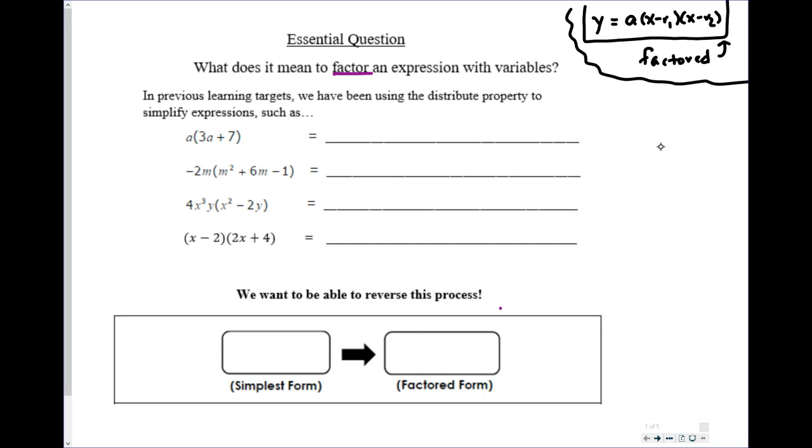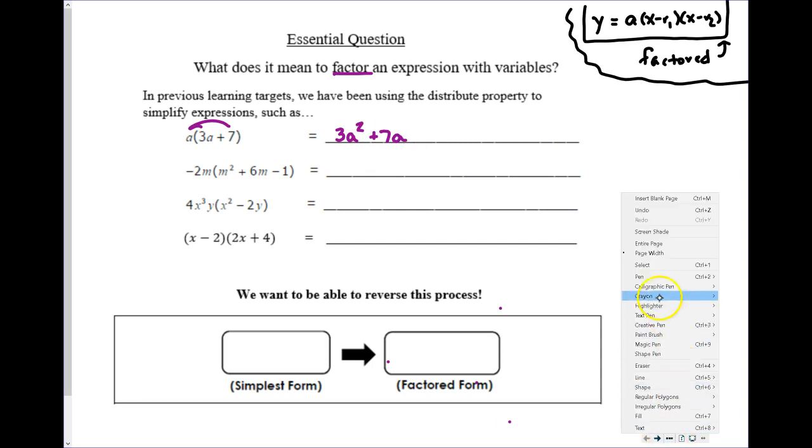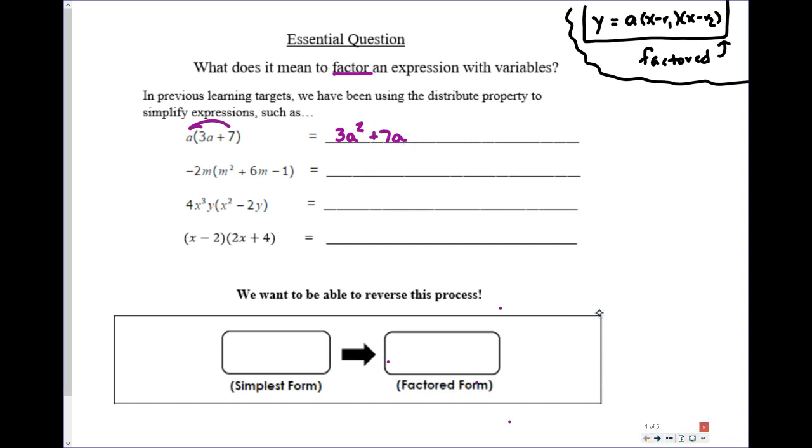In previous learning targets, we've been using the distributive property to simplify expressions. So let's go back and remember how to simplify. In this one, I'm multiplying a times 3a plus 7. I distribute that a and get 3a squared, and then distribute the a to 7 and get 7a. In the second one, same thing.